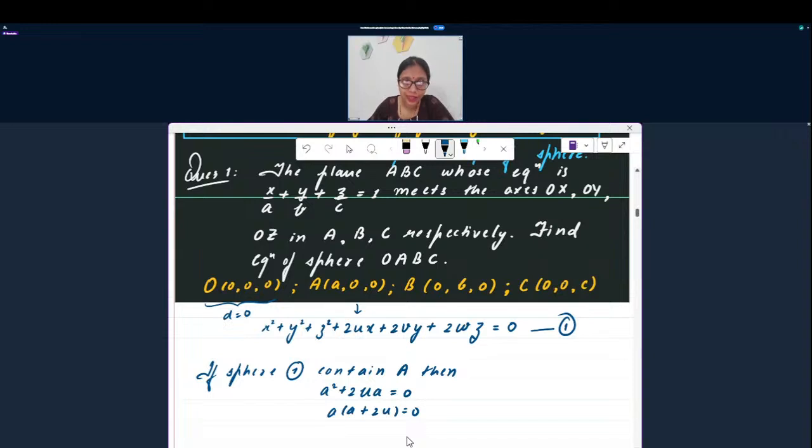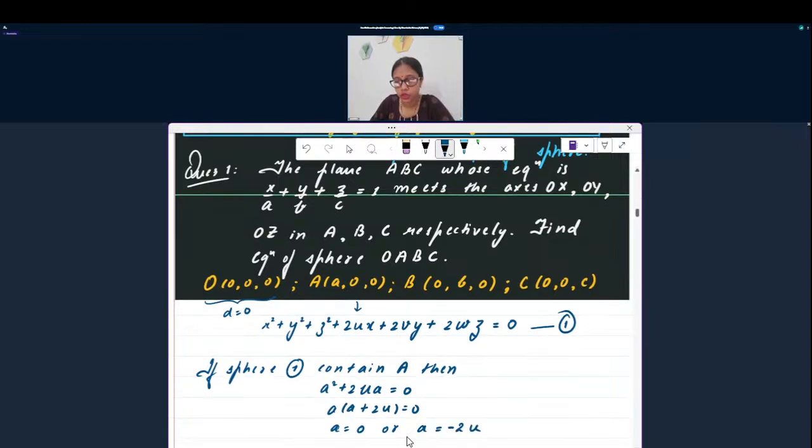I cannot take a as 0. Why? Because either a is equal to 0 or a is equal to minus 2u, so it implies u is minus a by 2. It's the plane.